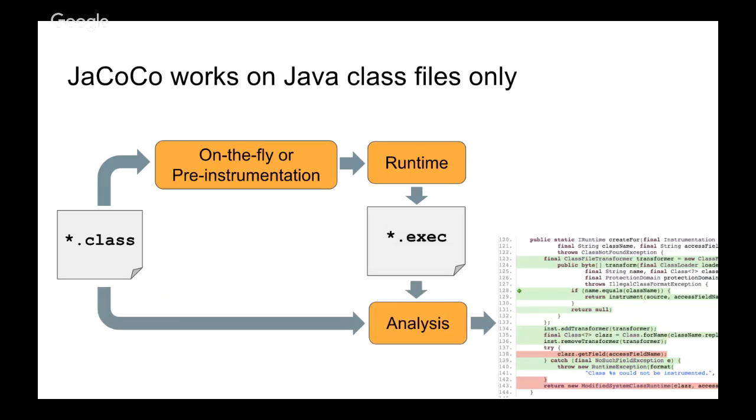At analysis time, in the EclEmma plugin, when the coverage view opens, the JaCoCo library reads the class files again. It has to be the exact same class files, remember that. It combines them with the executed probes and gets a full picture of what instructions, lines and branches have actually been executed, and provides this via API or in dialogs.